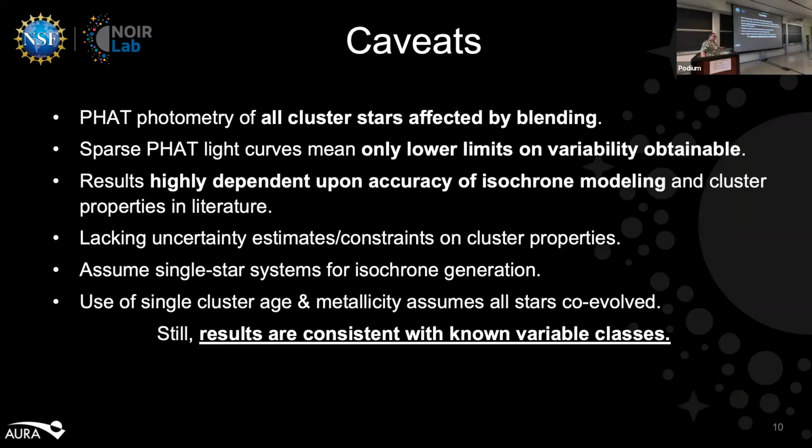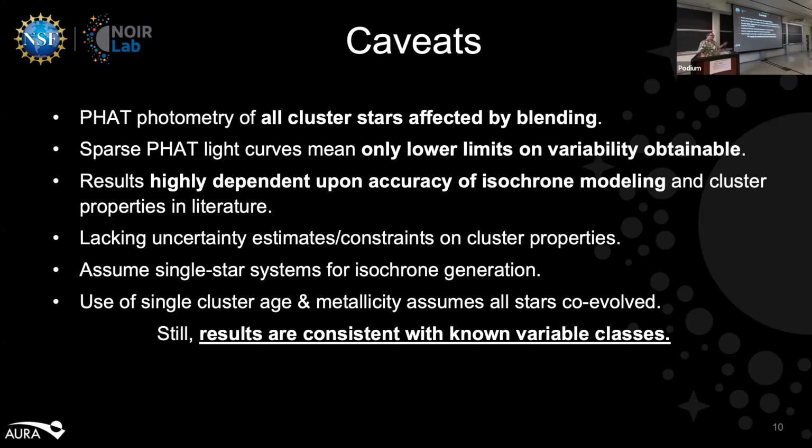There are, of course, a number of caveats. I won't go through all of these, but the key ones really are, as I've said, cluster environments are highly crowded. So perhaps the greatest caveat is all the cluster stars in our sample will be affected by blending to some degree. So that's why part of the reason we brought in this confidence level criteria as well.